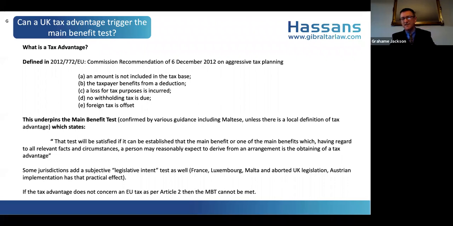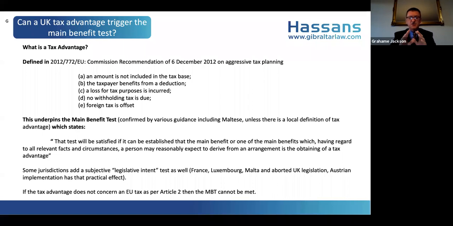In fact, the Italians, great system, they give you a 50% rule. If the main benefit amounts to 50% of the value of the benefits which you can value, then the main benefit test is triggered. That's an entirely new, unique system within the EU.